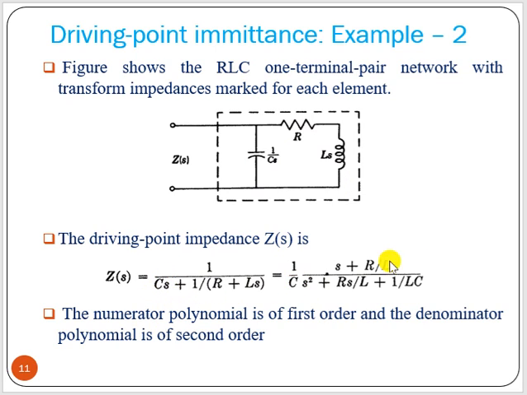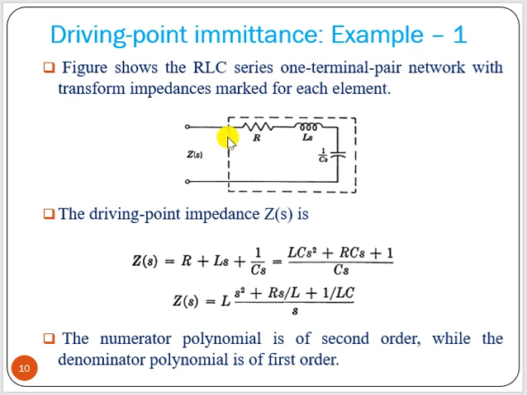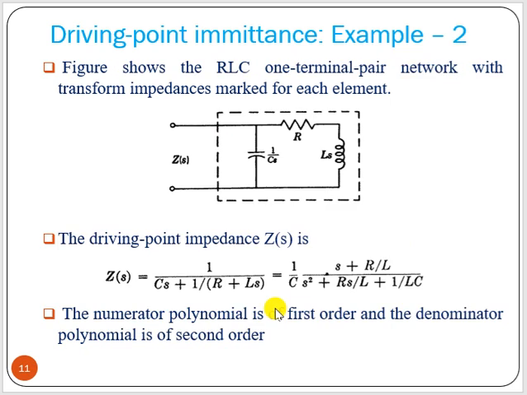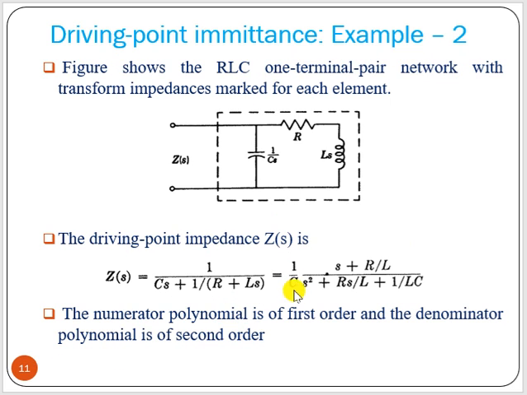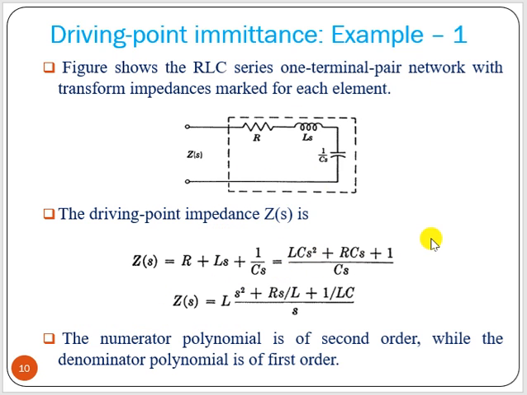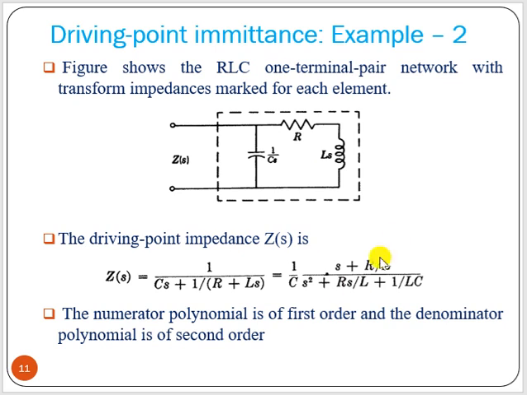So we got this expression after solving. Now we can see here that the numerator polynomial is of first order, but the denominator polynomial is of second order. For the previous case it was opposite, and here the constant is 1 by C, but there the constant was L. So according to the circuit, our impedance function may change, and it will change the order of the polynomials also.